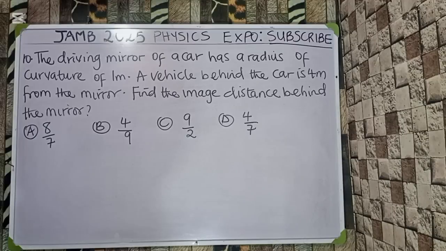Question 10. The driving mirror of a car has a radius of curvature 1 meter. A vehicle behind the car is 4 meters from the mirror. Find the image distance behind the mirror. You have the following options. Option A, 8/7. Option B, 4/9. Option C, 9/2. Option D, 4/7.